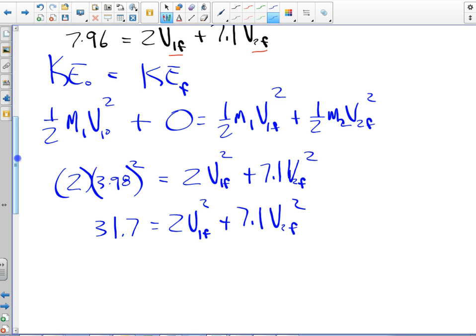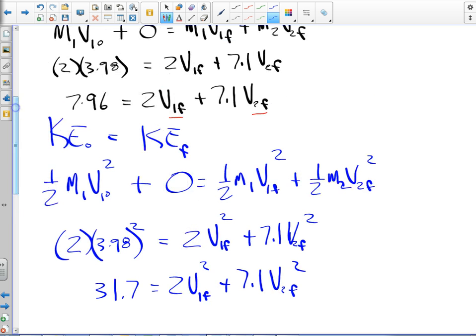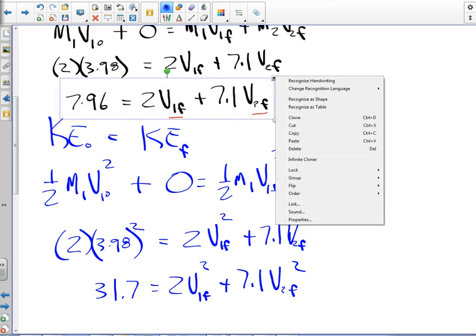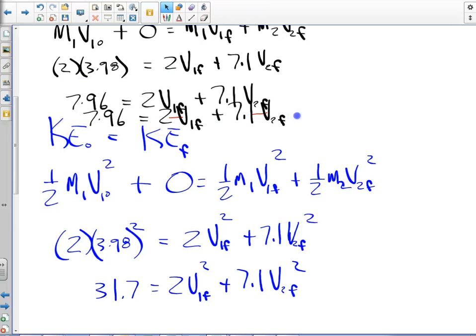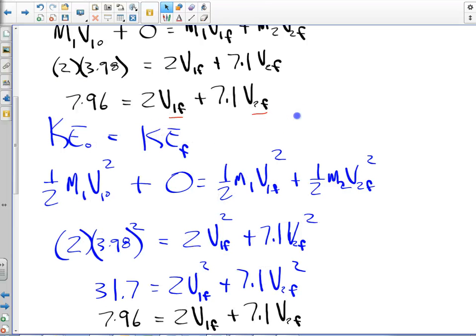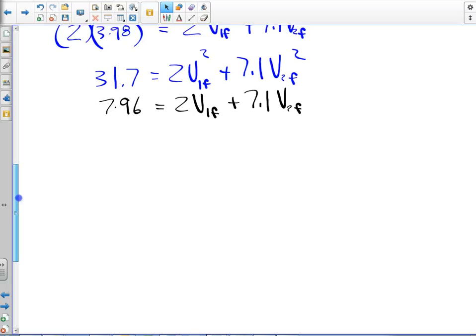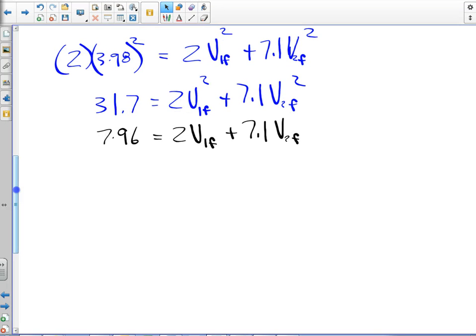And so now I have another equation that involves v1 and v2 final. This is my first equation. We'll bring it down here. So here we look at both equations.